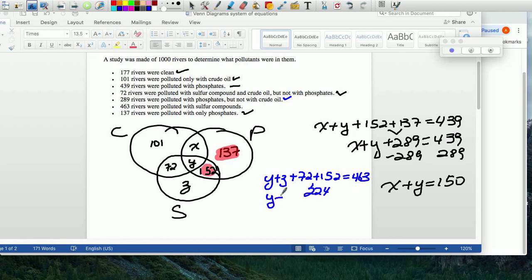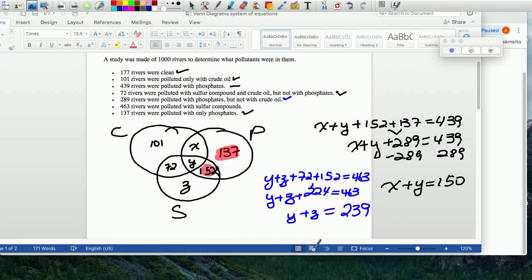So again, Y plus Z plus 224 equals 463. I'm going to make it a Z so that you understand this is a Z, sorry. So I take 224 from this side, and I'm going to take 224 from the other side. That's going to leave me with 239. So I know that Y plus Z equals 239.